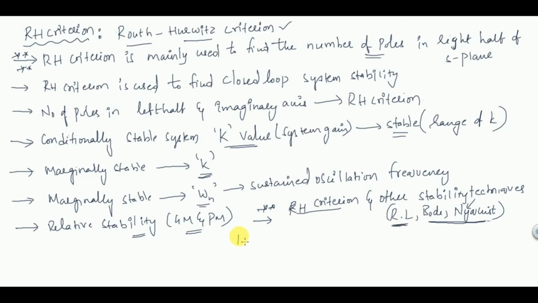The main difference between RH criterion and all the remaining techniques, including root locus, is that RH criterion uses the closed loop transfer function to find closed loop system stability.